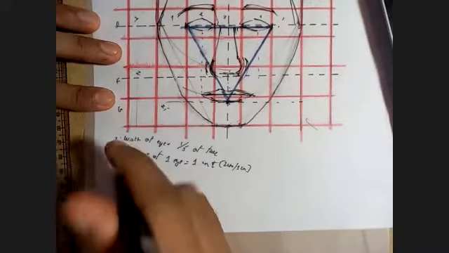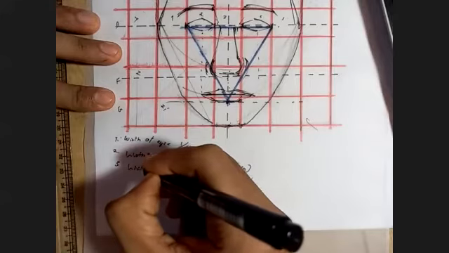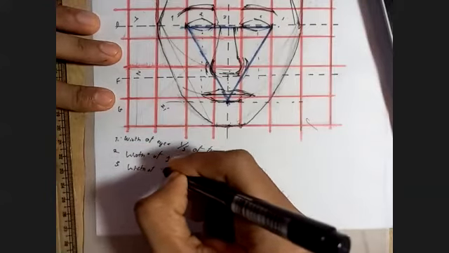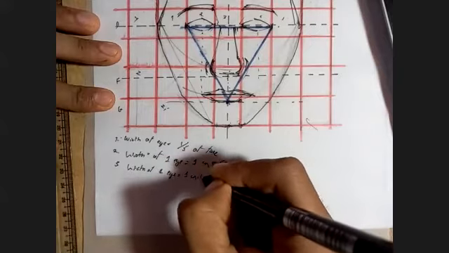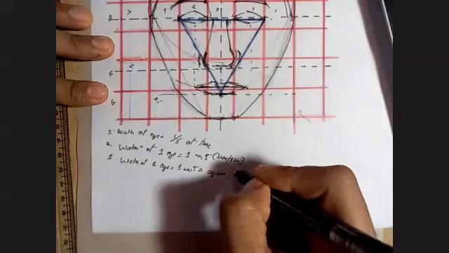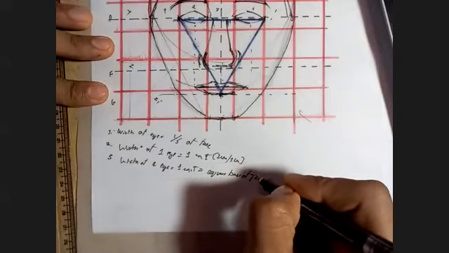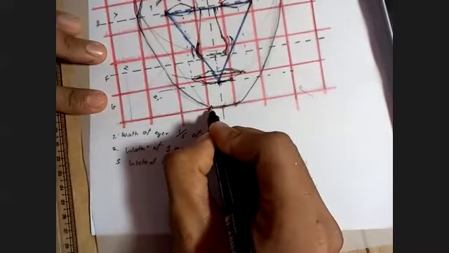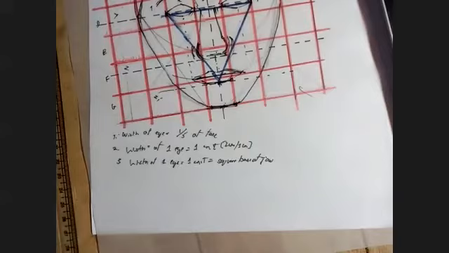Okay. The next one is the width of one eye equals 1 unit, which is equal to the square base of the jaw. This one, square base, is also 1 unit. Okay.